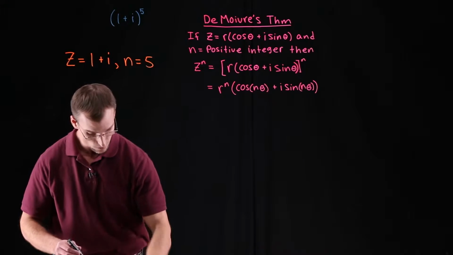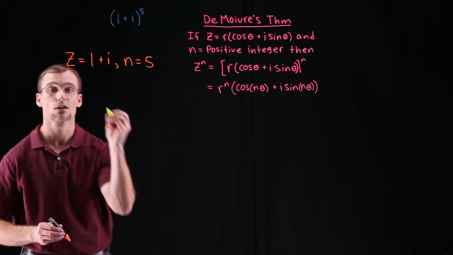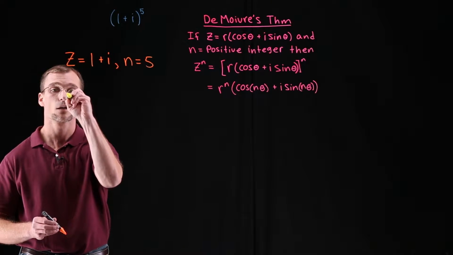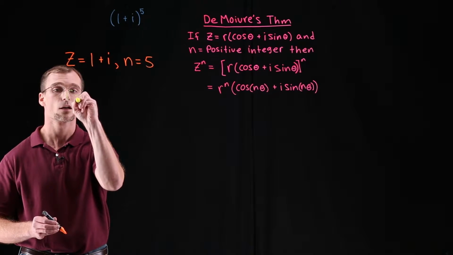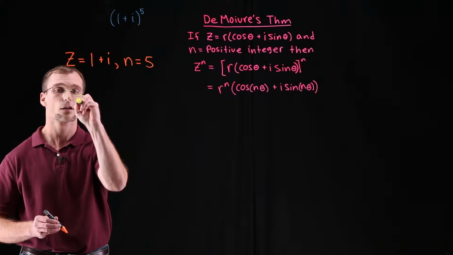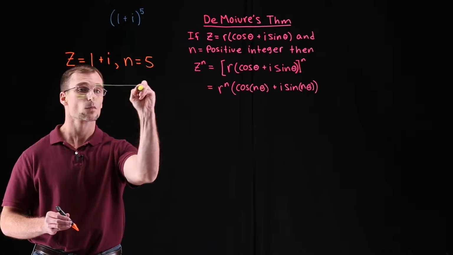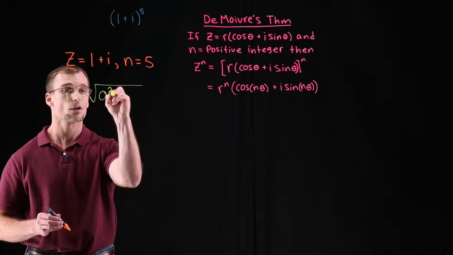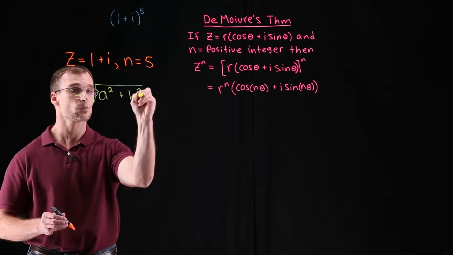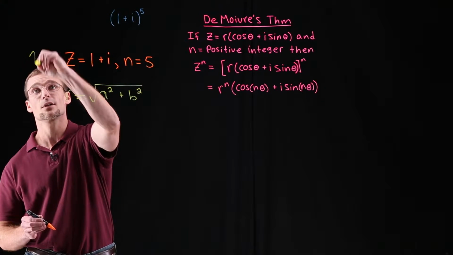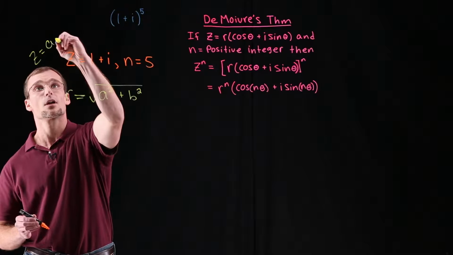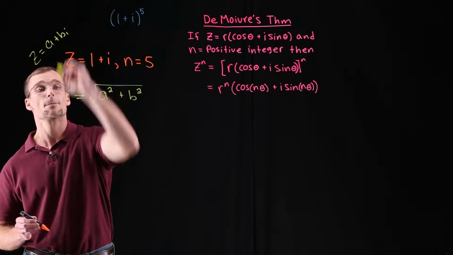First, r, which is the modulus of z, is going to be the square root of a squared plus b squared, where we consider z in the form a plus bi.